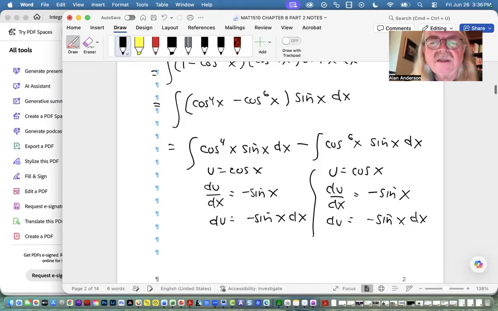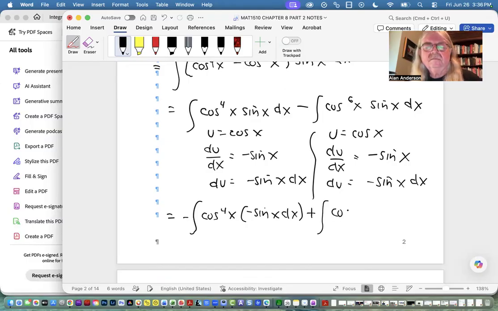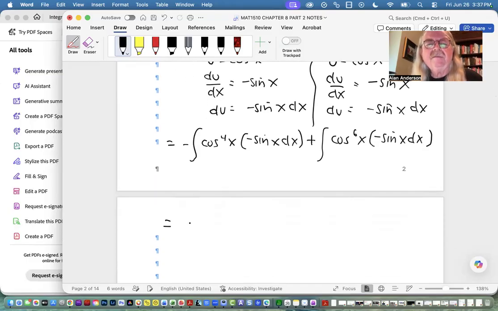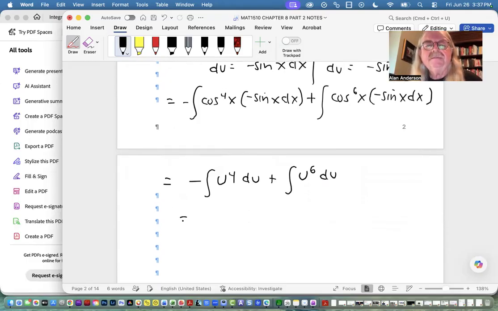So what I'm going to do is rewrite these slightly. And now it's pretty straightforward because look what I have: minus integral u to the fourth du plus integral u to the sixth du.